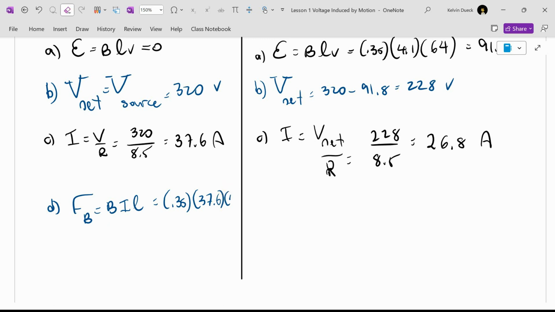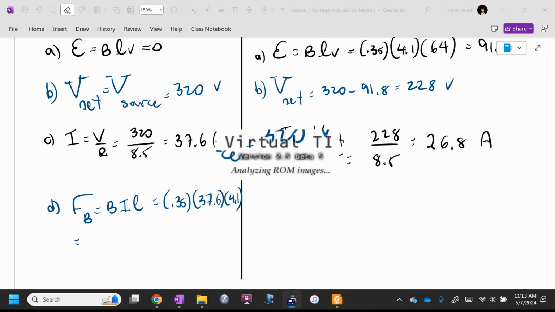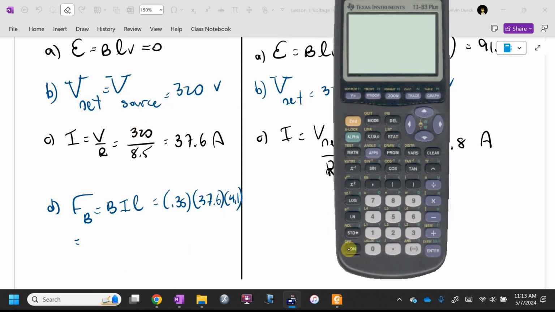L was 4.1. 0.35 times 37.6 times 4.1. So initially, I get a force of 54 newtons.